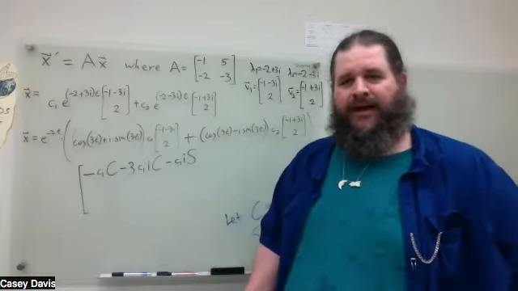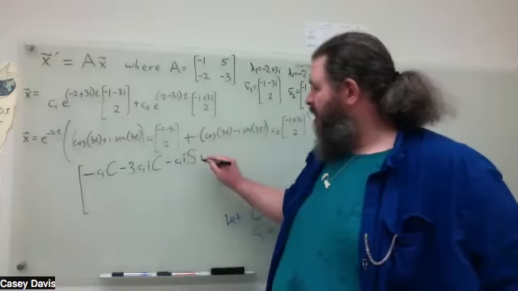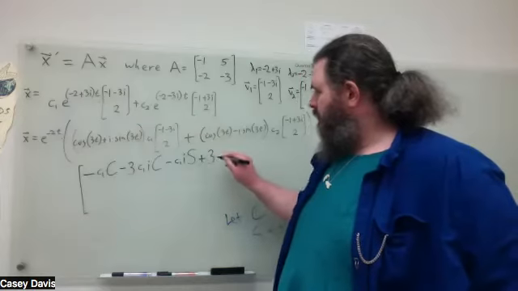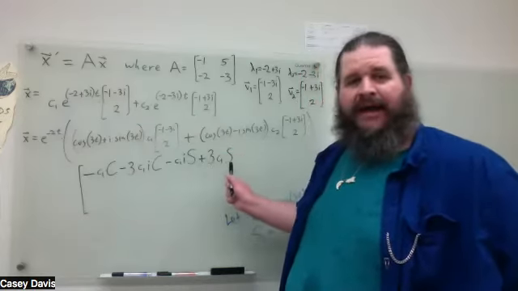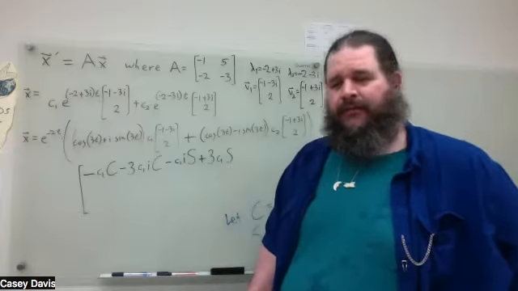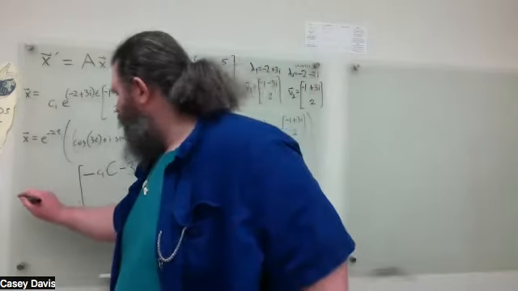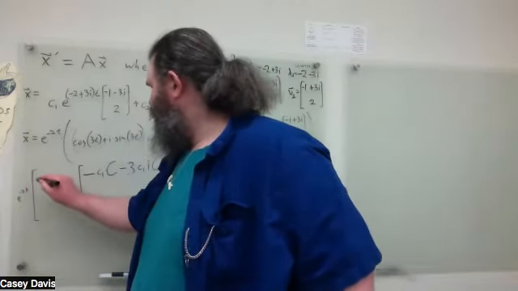Right, i squared is -1, which cancels out this negative, so we get plus 3c1 sine. And note that that has no i in it. This now becomes a pure real term. I think I'm actually going to need some more room here. Let me back up a bit.